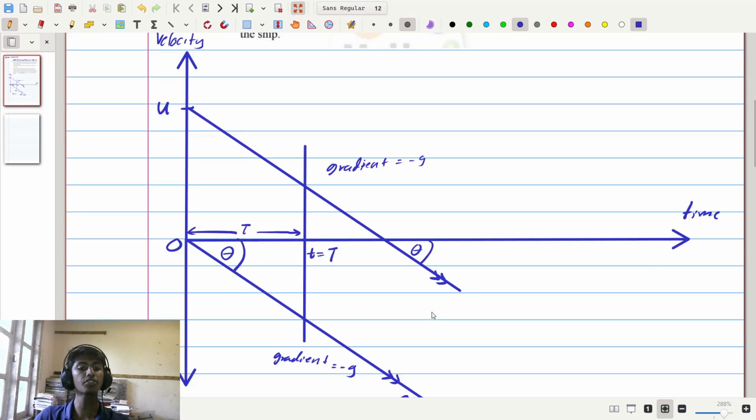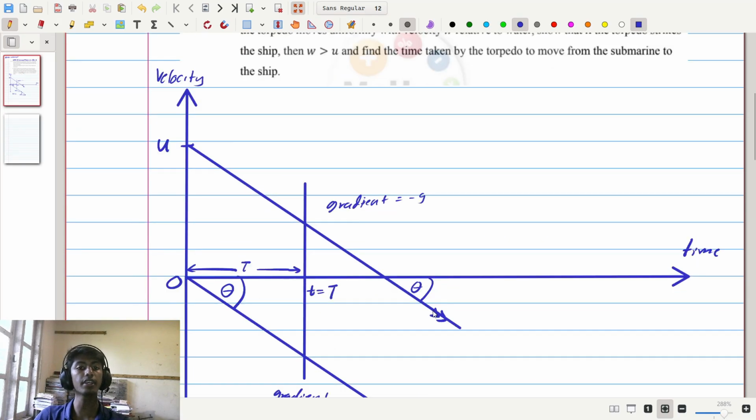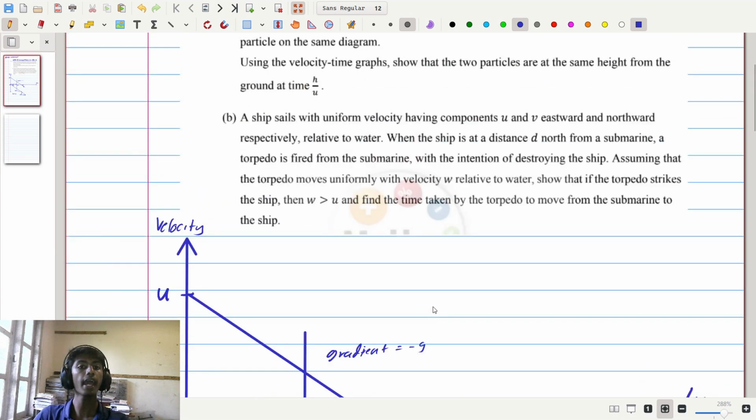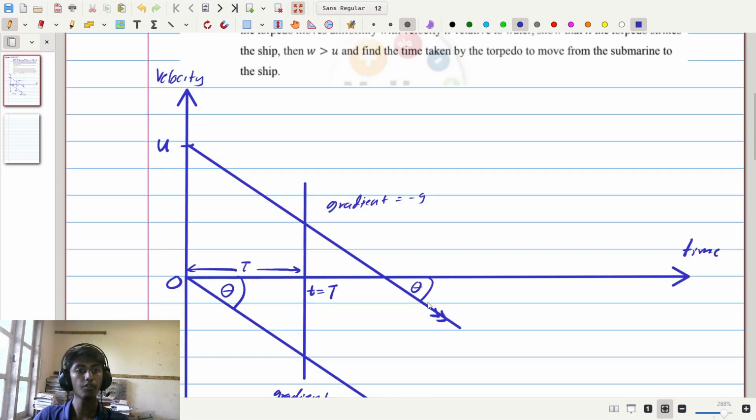Now let's try to solve this by considering the two motions of the two particles and the conditions that are required for both particles to be at the same point. Now the first particle starts vertically above the ground at a certain height h. It starts like this and it's going to go down. The second particle starts at the ground and it's going to go up.